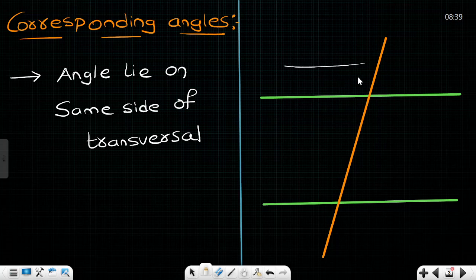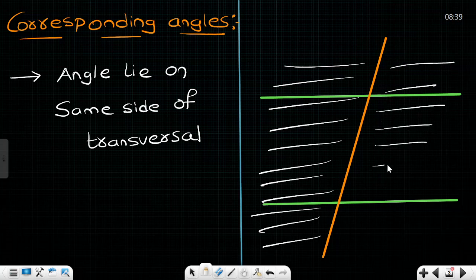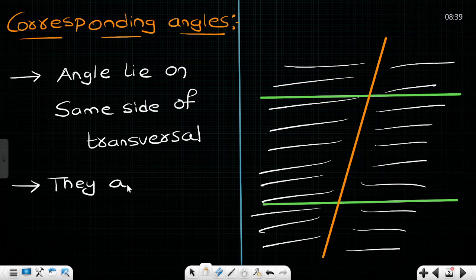So this is all the region on the left side of transversal, this is all the region on the right side of transversal. So the corresponding angles, they lie on the same side. Not only this condition, they are also equal. That is also another condition. So they are also equal.